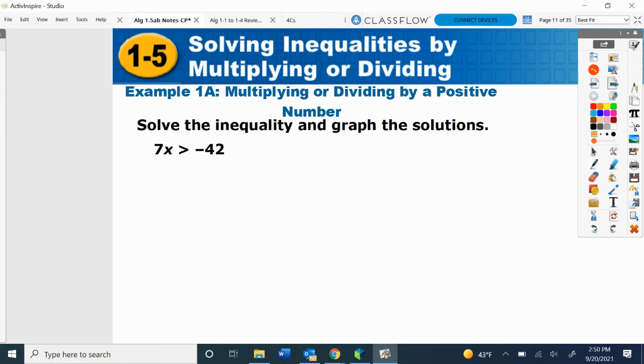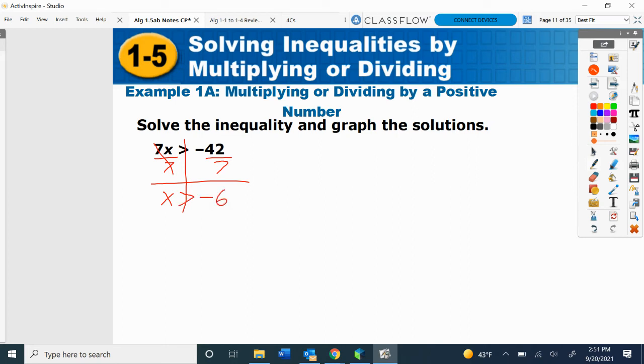Let's check out some other ones, and we'll see what we got. Okay, so here's one. We got 7x is greater than -42. So we're going to solve this. It would take one step. We would need to divide by 7, divide by 7. It's just regular algebra rules here. So that's going to get us x is greater than -6.